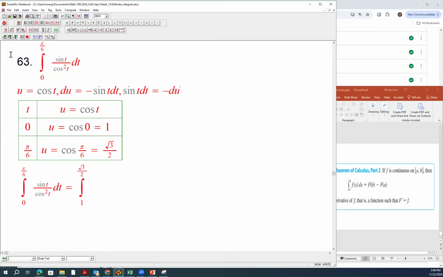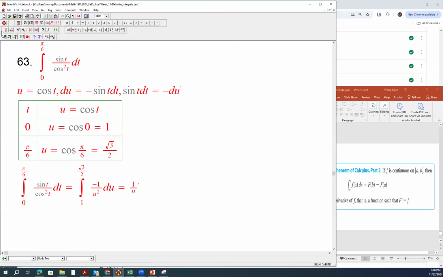And the inside, cosine squared t, is going to be u squared in the denominator. And sine t dt equals negative du. The antiderivative of negative 1 over u squared is 1 over u.